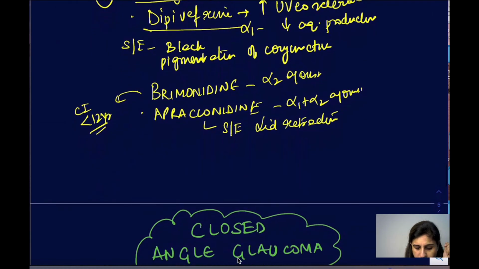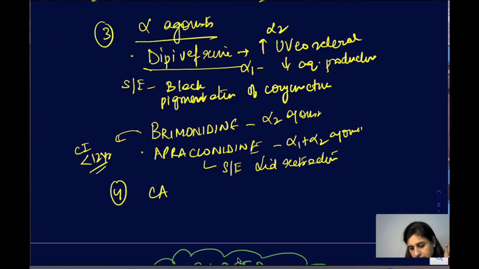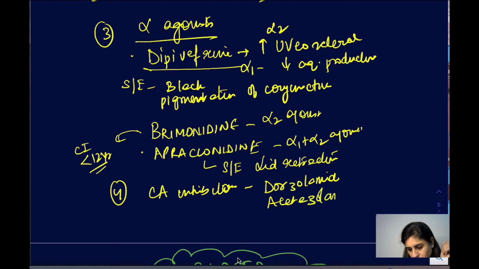Then the fourth one is carbonic anhydrase inhibitors. Okay, and we have dorzolamide and acetazolamide. Carbonic anhydrase inhibitors are important because they inhibit the carbonic anhydrase enzyme, which is important in the production of aqueous humor.